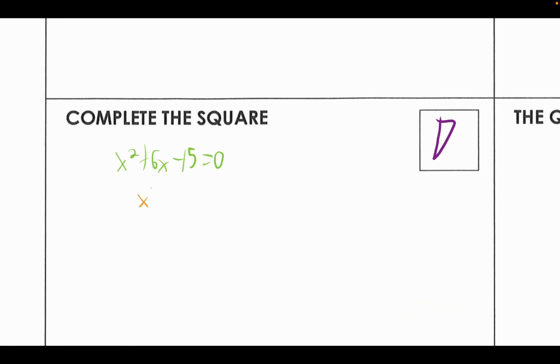And so I'm going to do x squared plus 6x plus blank equals, I'd have to add 15 to both sides in order to accomplish this, and get 15 plus blank. To figure out what goes on the blank, we do half of b and square it. So 6 over 2 is 3. 3 squared is 9.